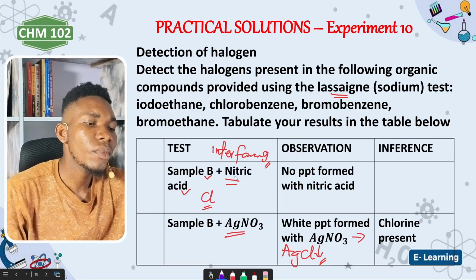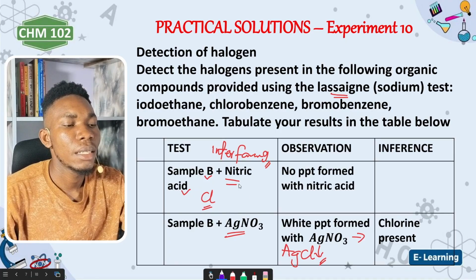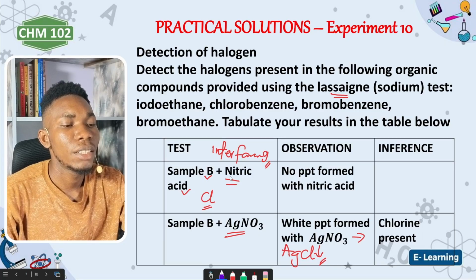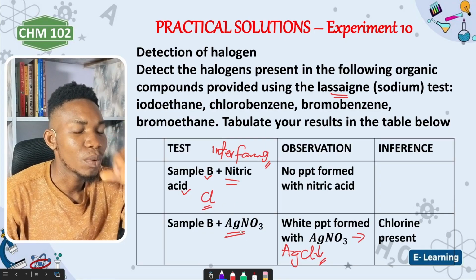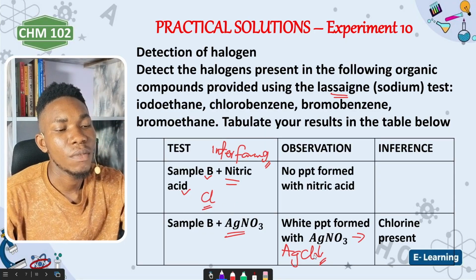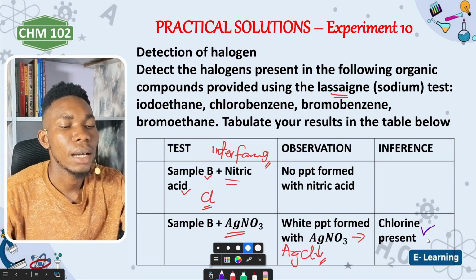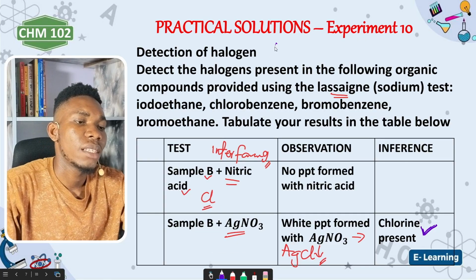You form silver chloride by reacting a compound that contains the chloride ion with silver nitrate, with nitric acid isolating the chloride ion. So the chloride ion reacts with silver nitrate to form silver chloride precipitate, which is the white precipitate. By so doing, you've been able to determine the presence of chloride ions. Is that okay? It's a very simple experiment.